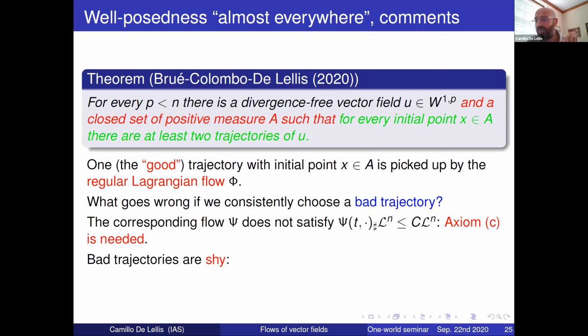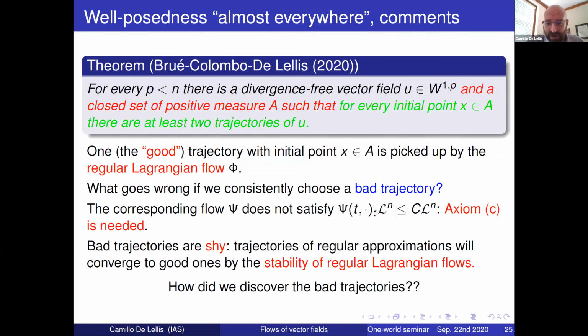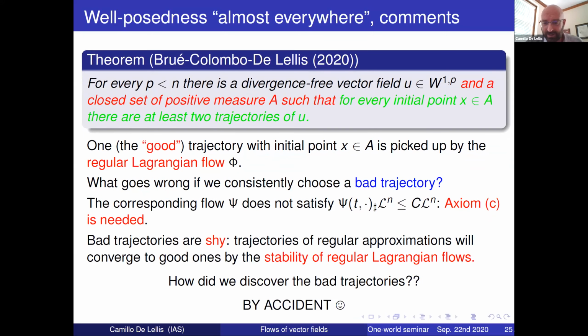So these bad trajectories are difficult to find through approximation. We finally found it also through an approximation procedure, but it's much more subtle than what you would imagine. So you could ask how it is possible that we found them. And the answer is, in fact, we found them in a sense by accident.